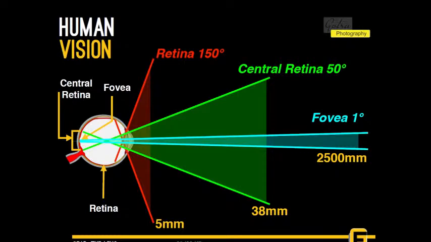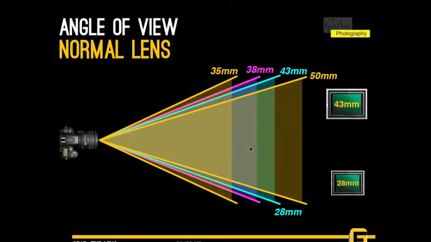Now let's see what the field of view is in detail. Here is our camera. If you are using an expensive lens, you will have a lot of different kinds of fields of view. If you are using a cheaper lens, you will have less field of view. Also, there are different kinds of lenses. A wide angle lens gives a wider field of view.